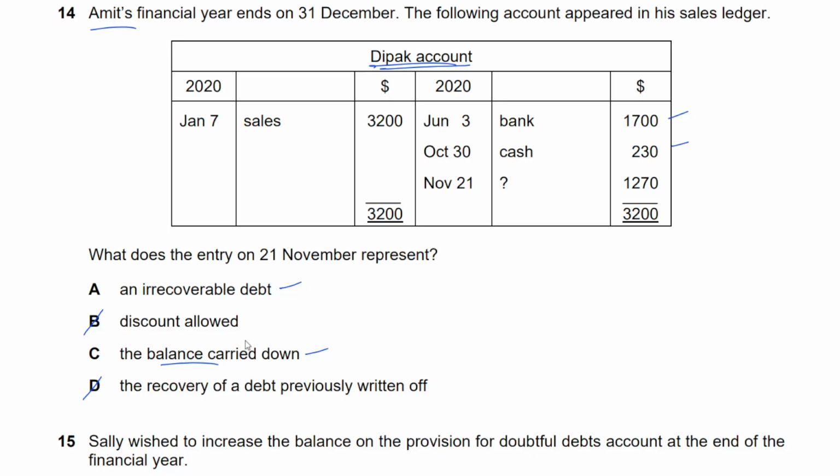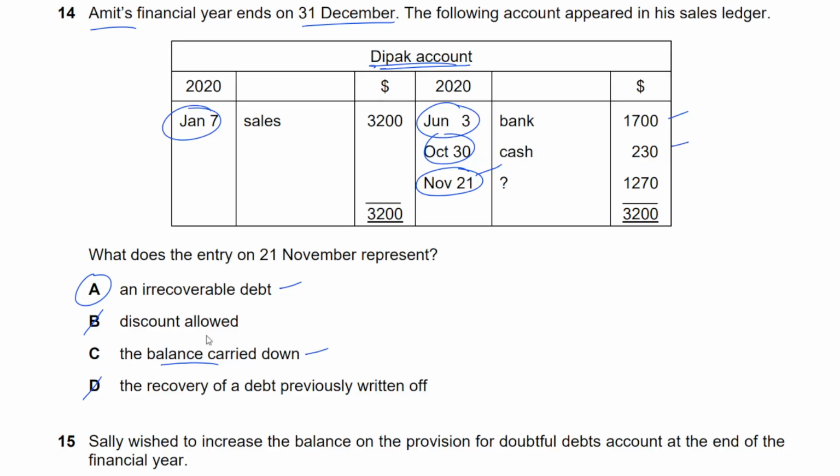Why would they randomly balance down on November 21st? The year ends on 31st December. This account is for the whole year, January, February, March, June, October, November. Why suddenly in November would you carry down the balance? You would do that on 31st December. You would wait till the end of the year to balance it down because there's still time to go. So randomly in the middle, you would go for irrecoverable debt.